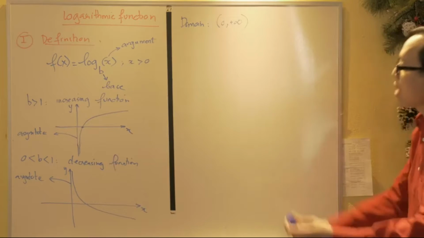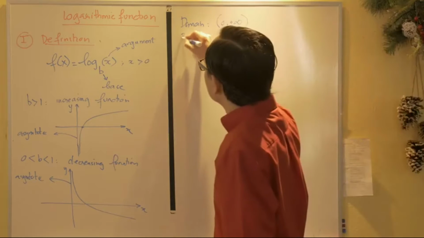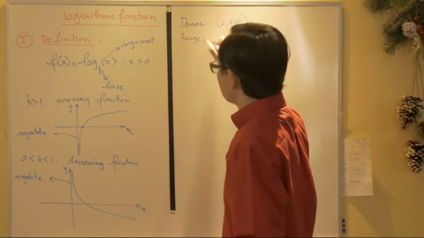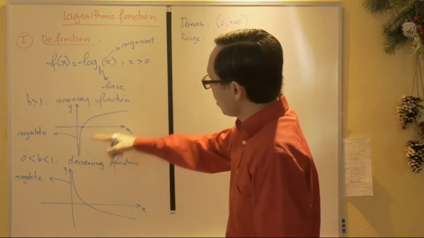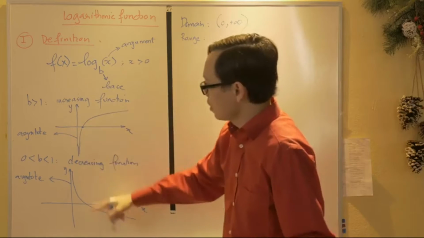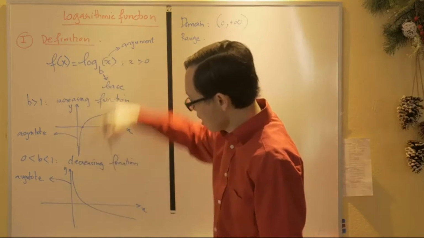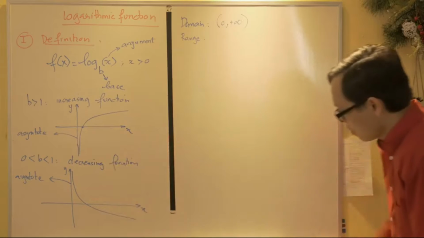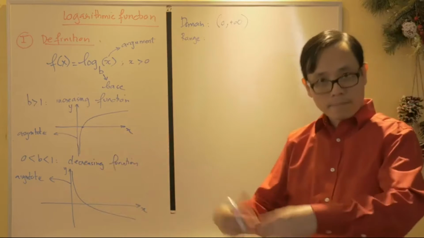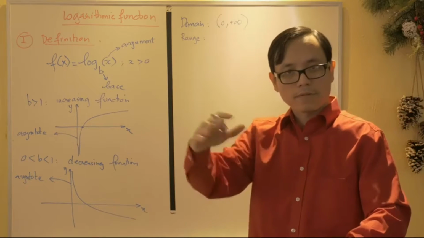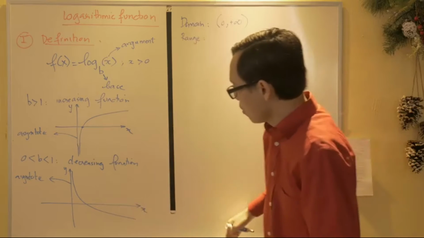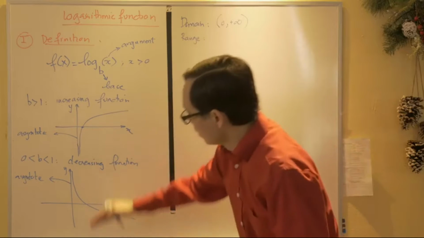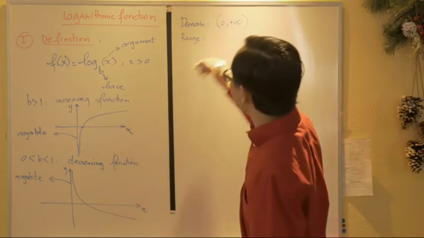How about the range? The range will be easy, because this keeps going up, and this keeps going down. For the range, we look at it from the bottom up, so it goes from negative infinity to positive infinity.